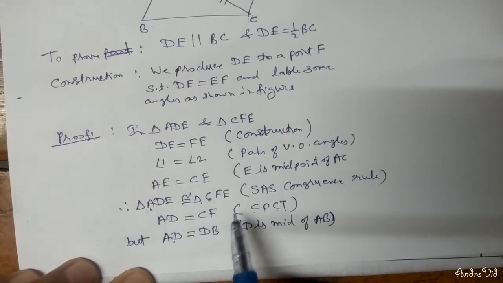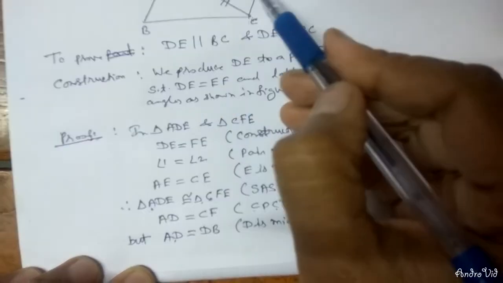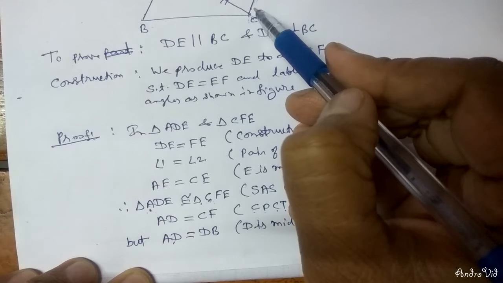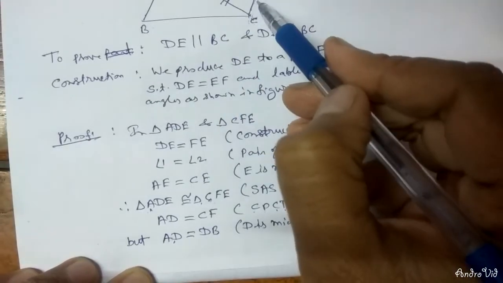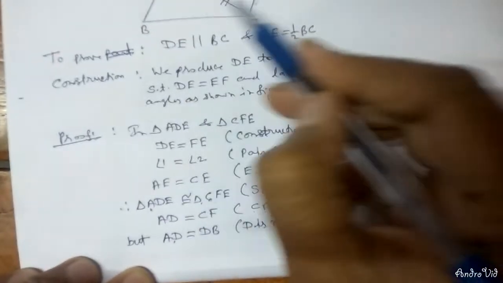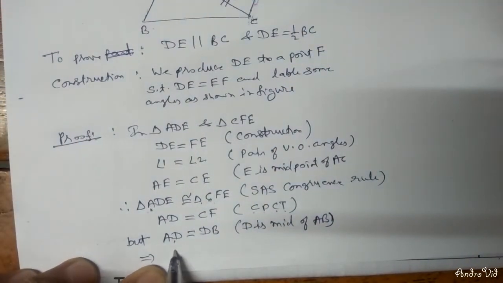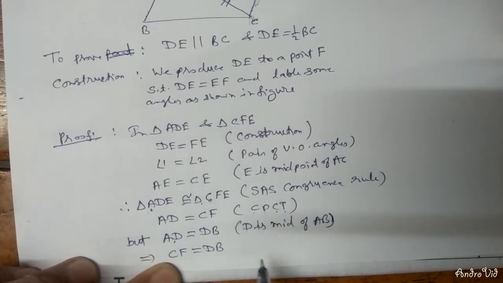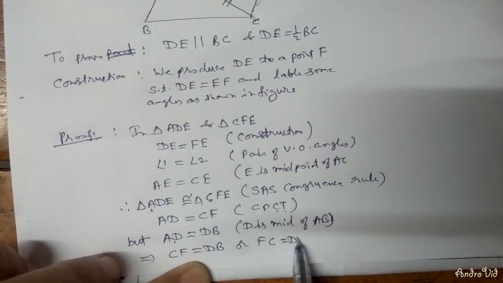In other words, DB and CF both are equal to AD, so they must be equal to each other. Gives that CF is equal to DB, or we can write FC is equal to DB.